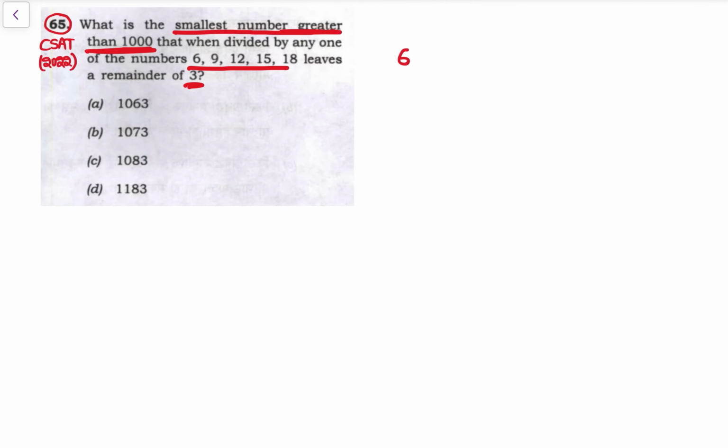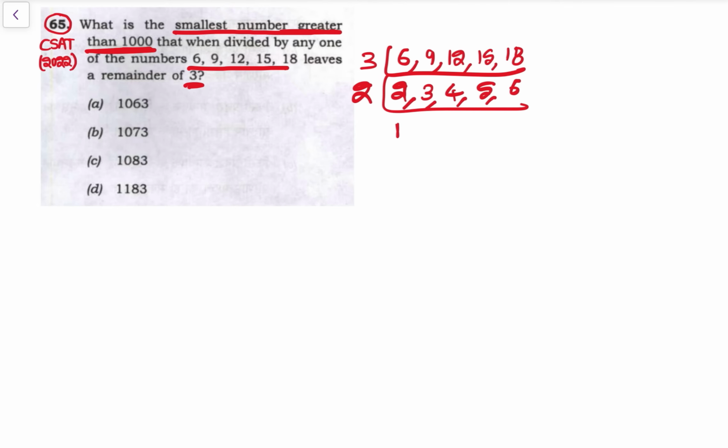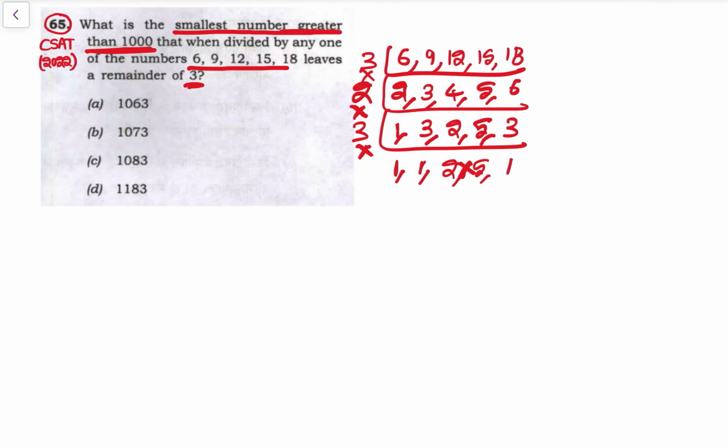Same numbers, 6, 9, 12, 15, 18, take the LCM. So 2 into 5 is 10, 10 into 3 is 30, 30 into 2 is 60, 60 into 3 is 180.